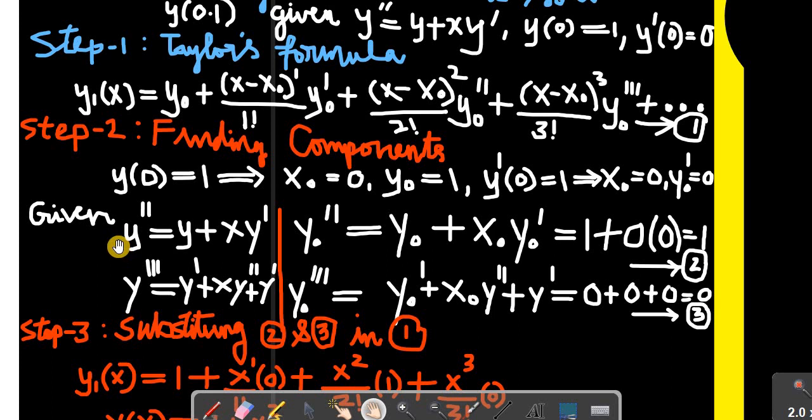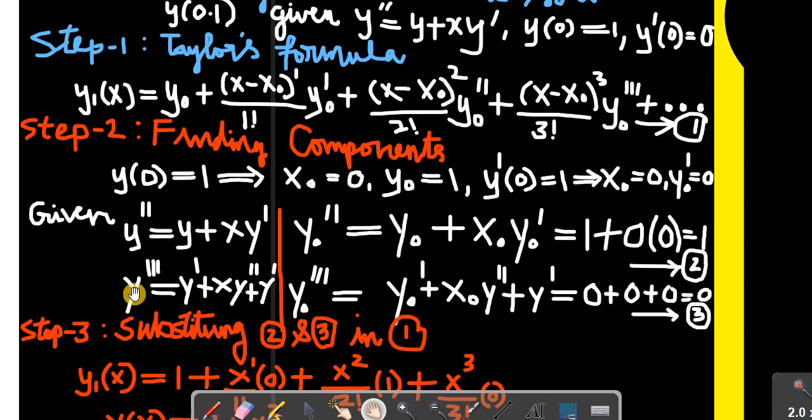Now, already we know that y double dash equals y plus x y dash. The meaning is that the second derivative of y with respect to x equals y of x plus x into the first derivative with respect to x. Now from this it is possible to find the third derivative of y.